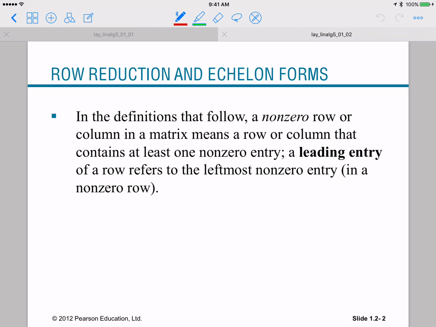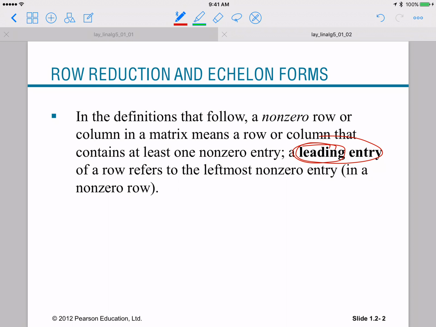In order to do that, let's first define this leading entry. It's in bold case, so you have to pay attention to this term. It's quite an important term. Leading entry is simply the first non-zero value.